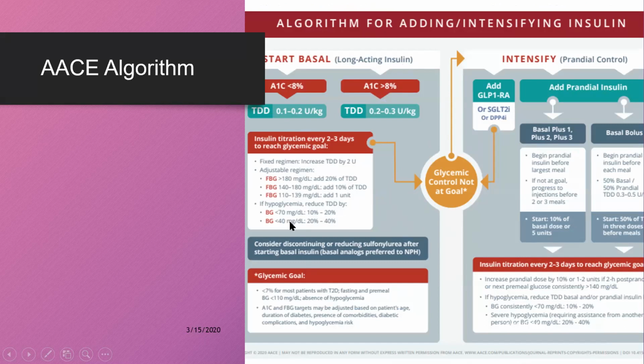They tell you how to titrate the insulin dose to come to glycemic control, which is not at goal. So you can go through them, you can read them and keep them in your clinics, in your practices, so that you can optimize your patient's glycemic control.